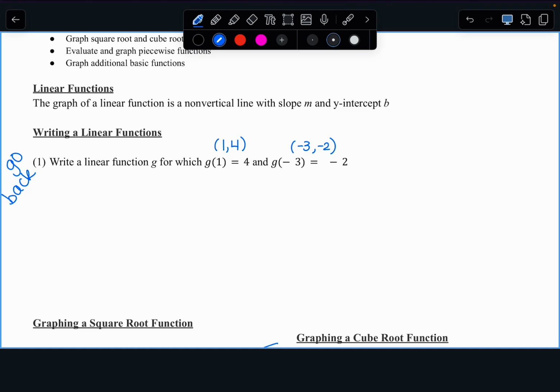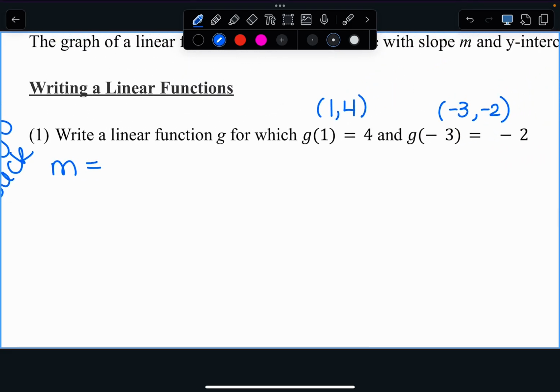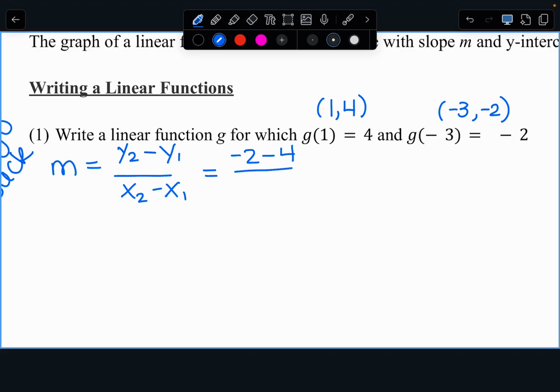When we have 2 points, the first thing we have to do is find the slope. So to find a slope between 2 points, y2 minus y1 over x2 minus x1. So, -2 minus 4 over -3 minus 1.